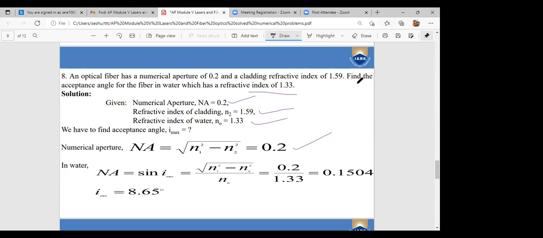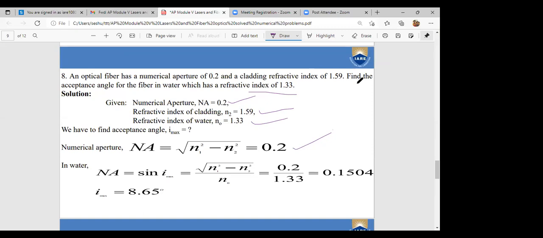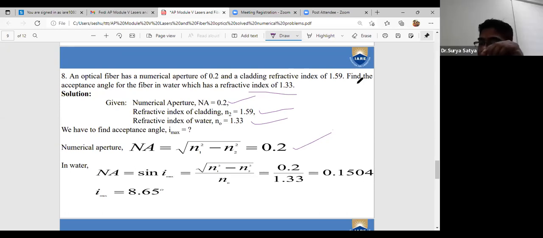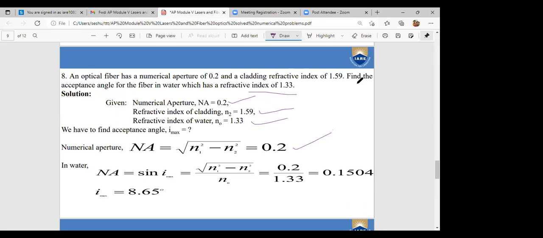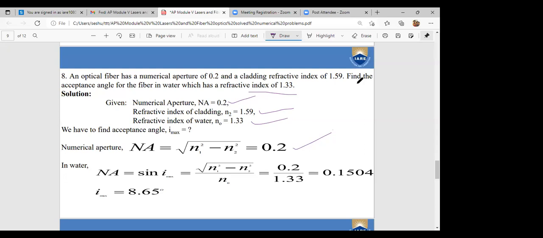G1, G2, G3, G4 present, sir. G5, G6, G7, G8, G9 present, sir. H0, H1, H2, H3 present, sir.